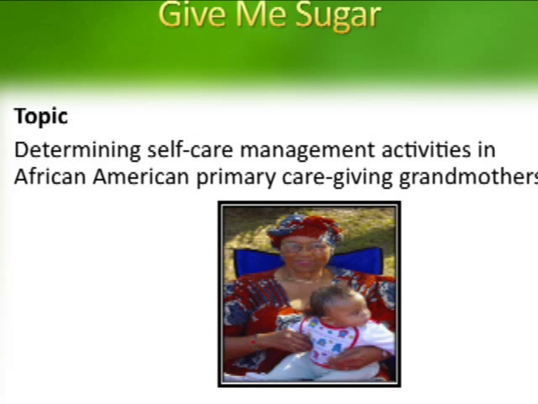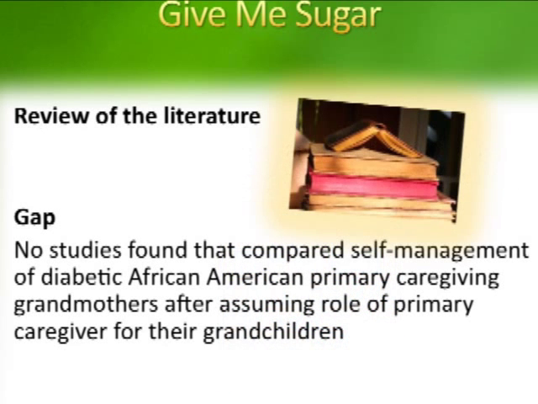Now, the topic of our article is they wanted to look at the determination of self-care management activities in African American primary caregiving grandmothers. They did a review of the literature, and what they found was African American women over 55 experienced the most severe outcomes from diabetes, specifically type 2.